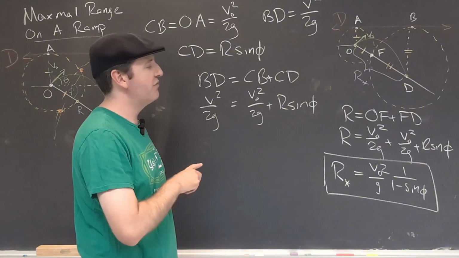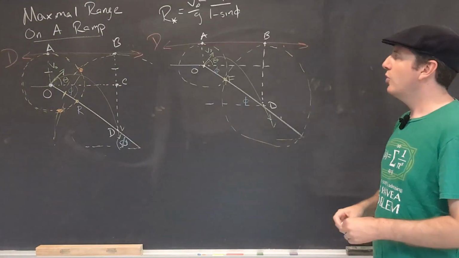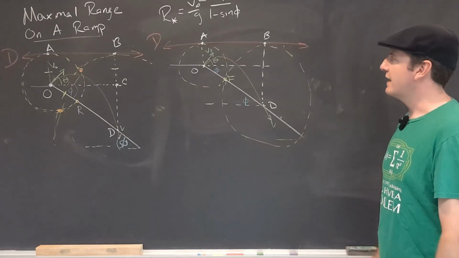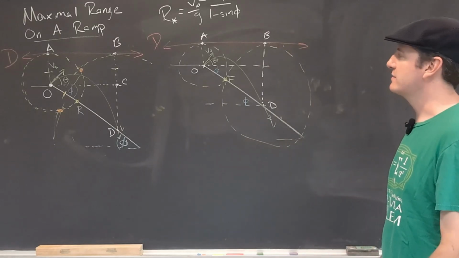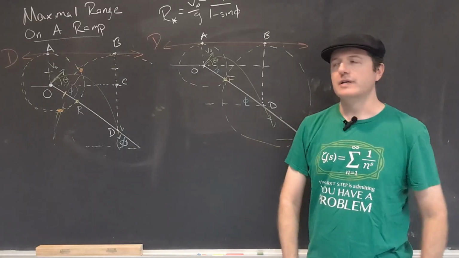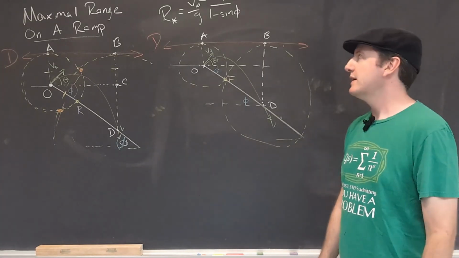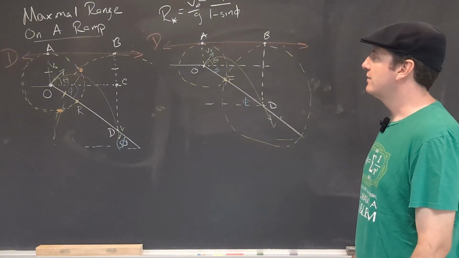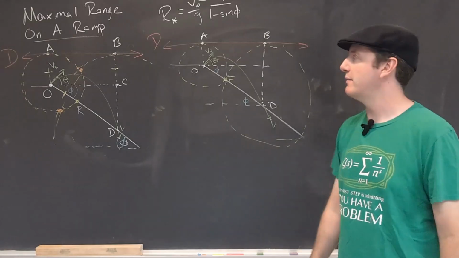Now let's see if we can find what the angle corresponding to this is. Okay, so I've recreated our diagram a bit here. Now I want to find what is the angle that corresponds to this maximal range. There are a couple ways to do this, but one that's kind of nice that uses a previous result is to use our result from the tangent-secant property of parabolas.